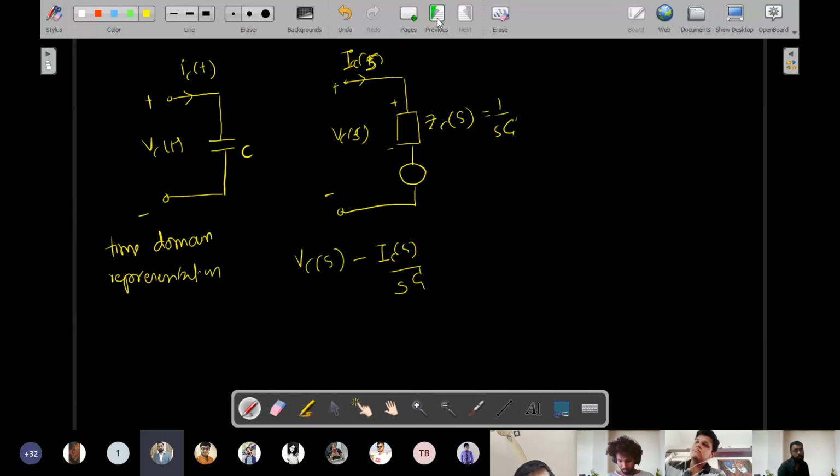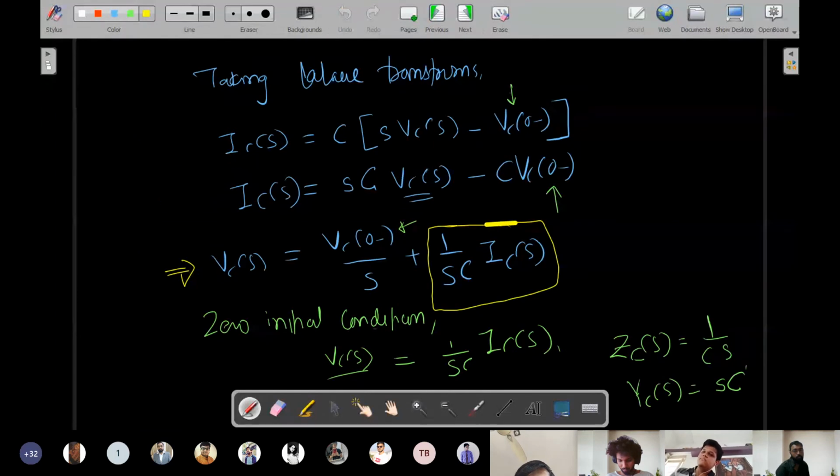Now see that equation. So we have written Vc of s. Then after this was this side minus Ic of s upon sC. If I write this side, see this part, this side, that can be written as voltage supply.